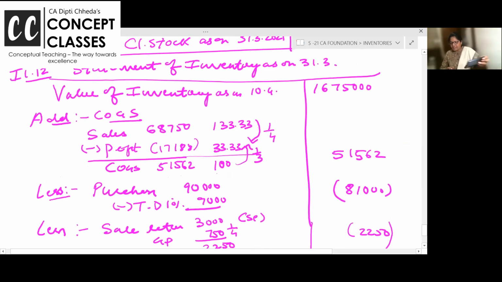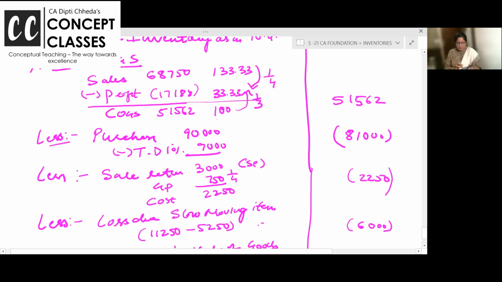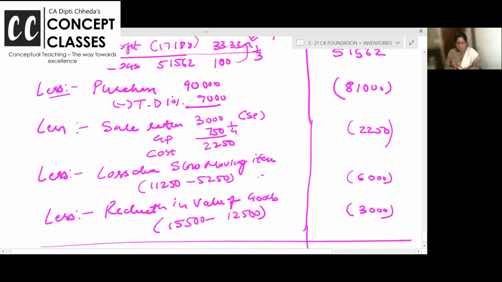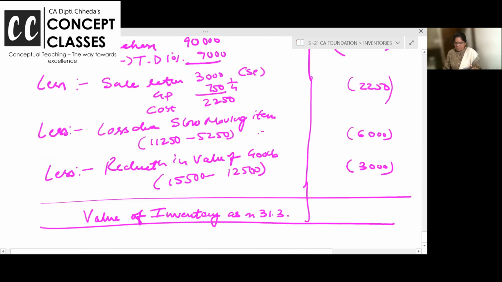Value of inventory as on 31st of March. Inventory value is 16,34,312.